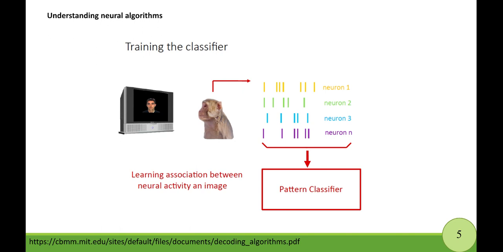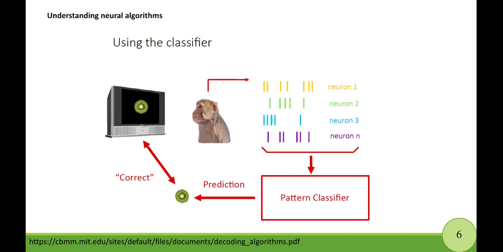Similarly, when we show a different category, in this case a human face, to a monkey, the activity of the neurons and the amount that they're firing will be different. When we give this pattern again to the pattern classifier, it needs to identify that object, and in this case it needs to tell us that it was a human face.